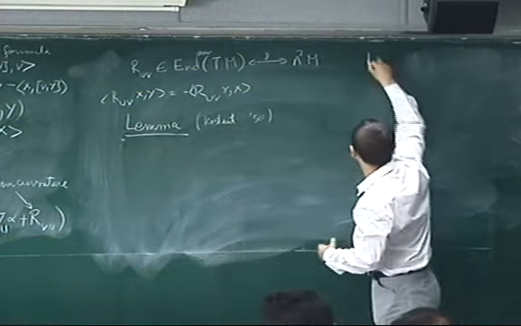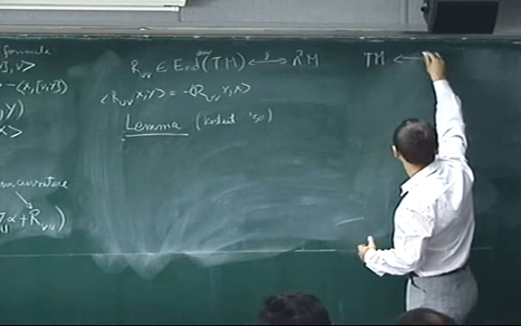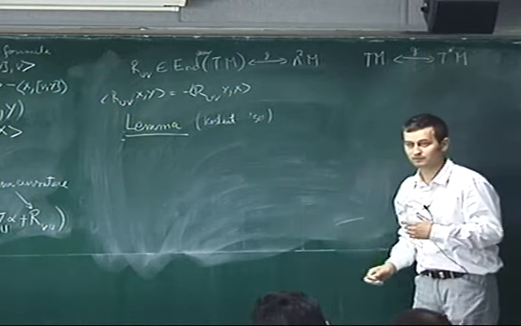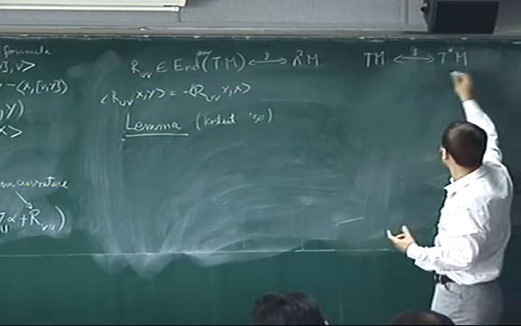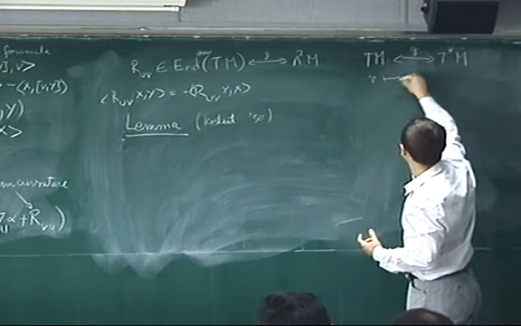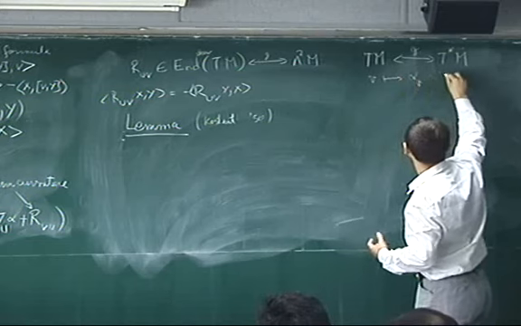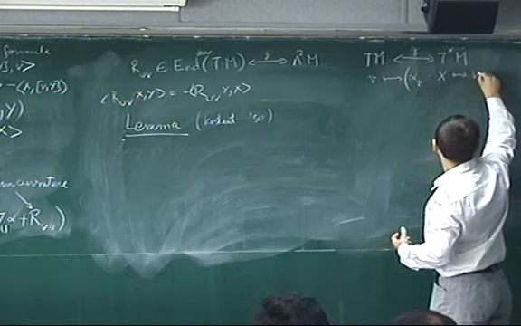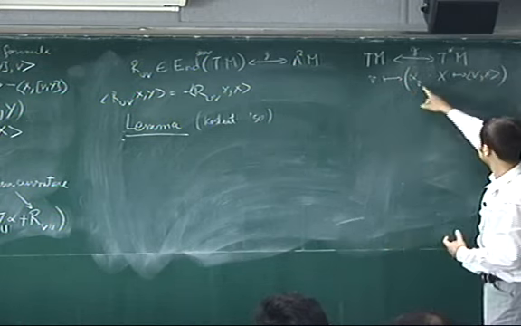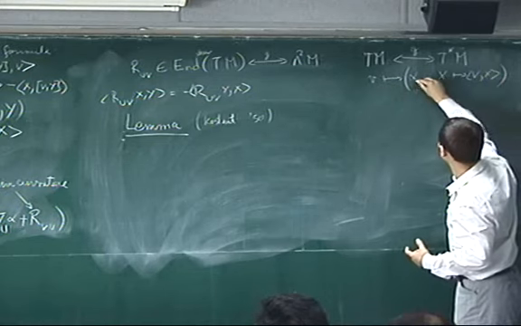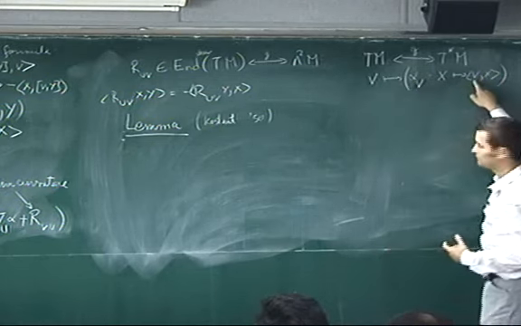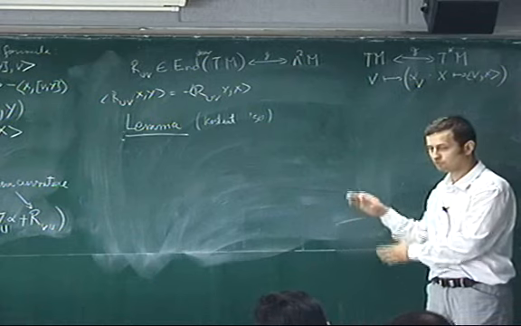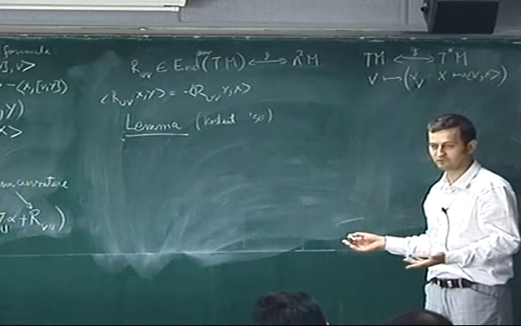And I also should say that TM is in one-to-one correspondence using the metric g with T star M. Let's say V maps to alpha V, which maps X into the linear one form associated to a vector field, which is scalar product with the vector field. So yeah, in Riemannian geometry, one usually does not distinguish between forms and vectors.